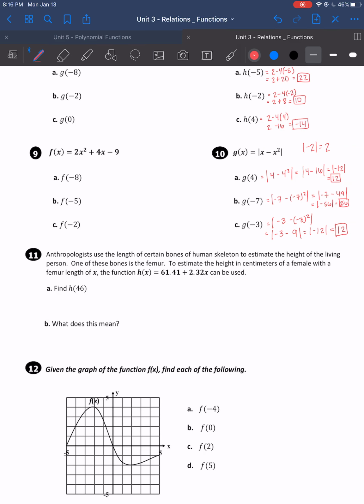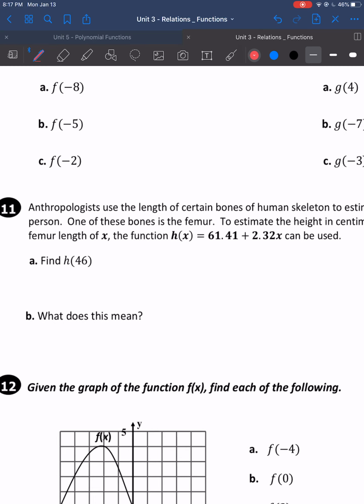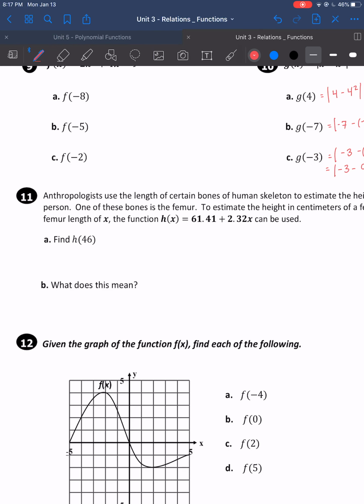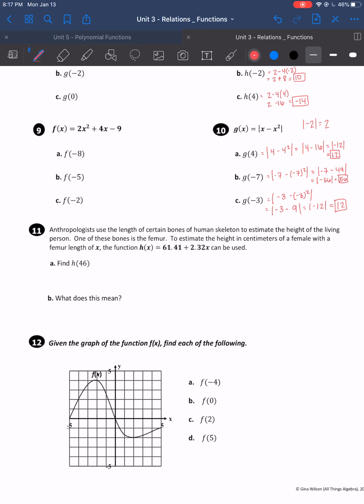Anthropologists use the length of certain bones of the human skeleton to estimate the height of the living person. One of these bones is the femur. To estimate the height in centimeters of a female with a femur length of x, the function h of x equals 61.41 plus 2.32 times x can be used. So in this case, we want to find the height for a femur length of 46 centimeters. So we are going to plug in 46 for x.